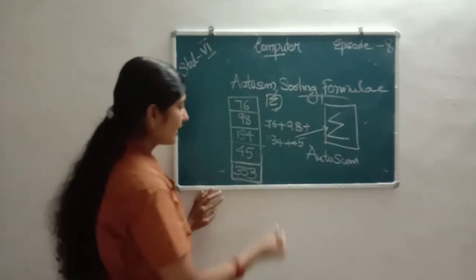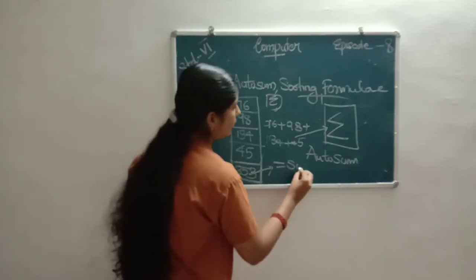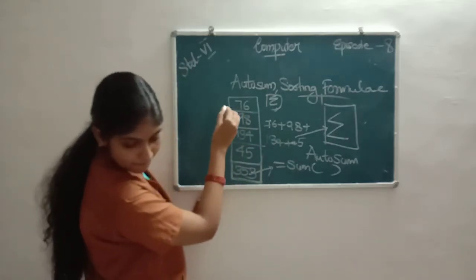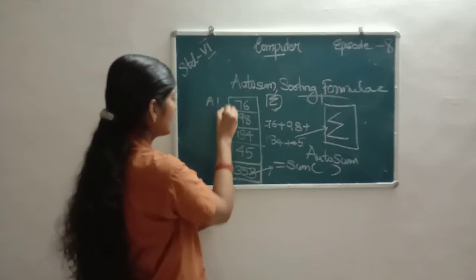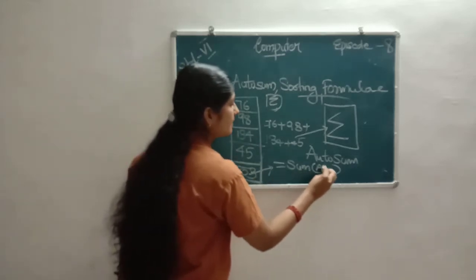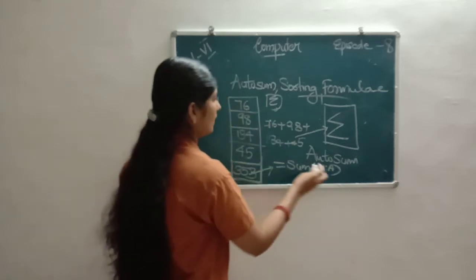That means there is a formula, equal to SUM of a range of cells, for example here A1 to A4.